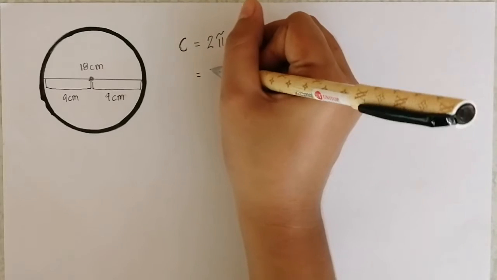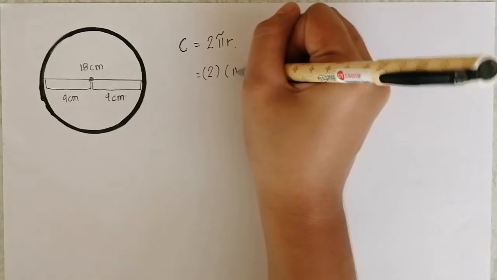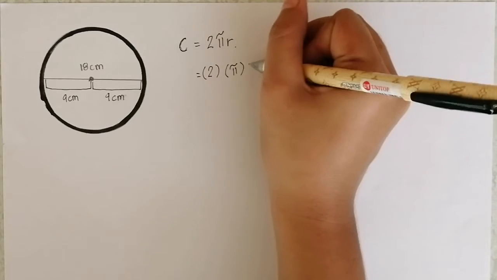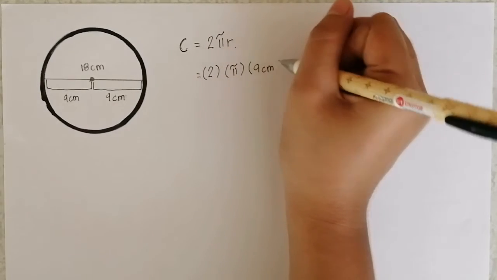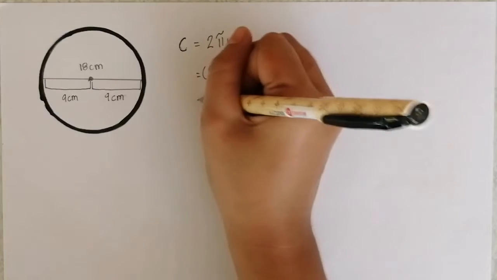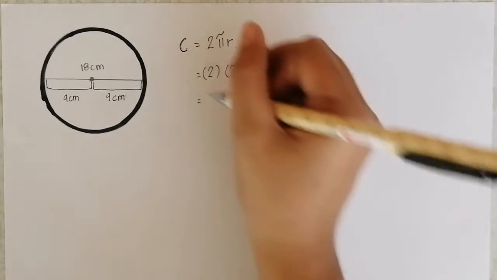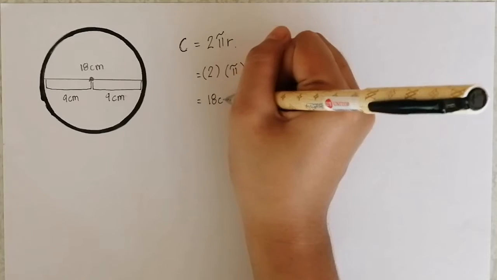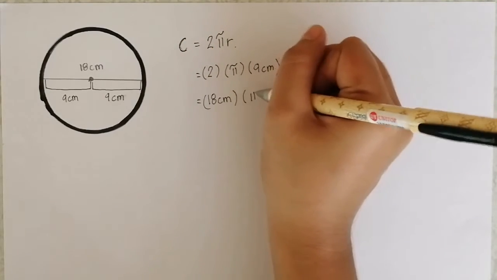So you'll now have 2 times pi times the radius, which is 9 centimeter. So you will now have 18 centimeter times pi.